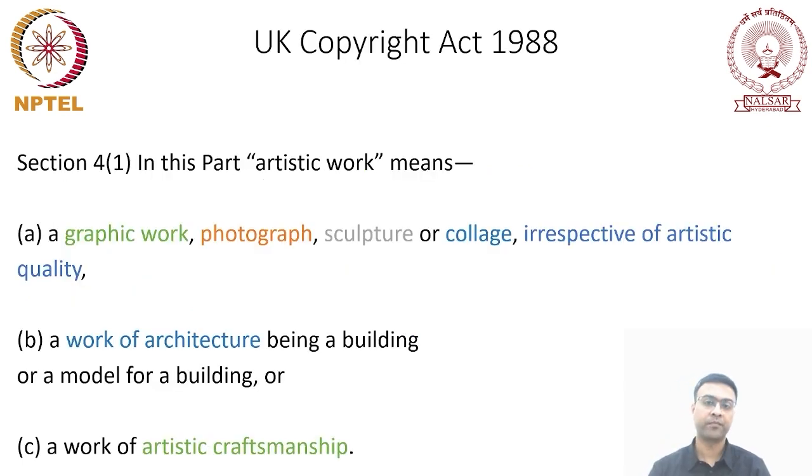Now consider the UK Copyright Act. We have seen this provision before, wherein an artistic work includes a work of architecture, wherein it says a work of architecture being a building or a model for a building.